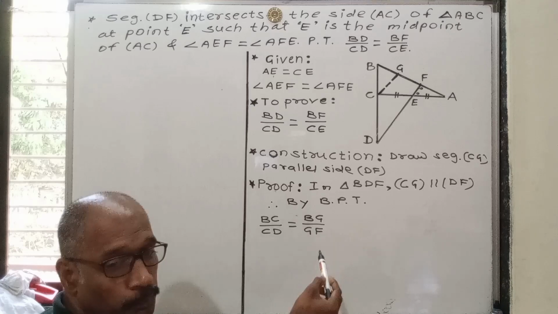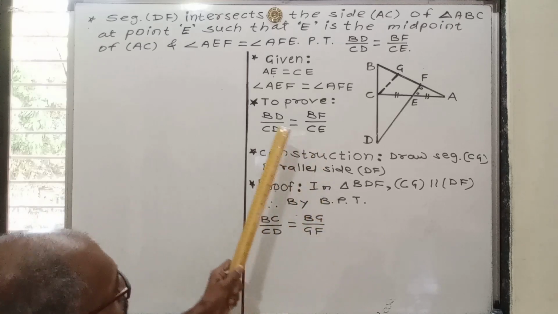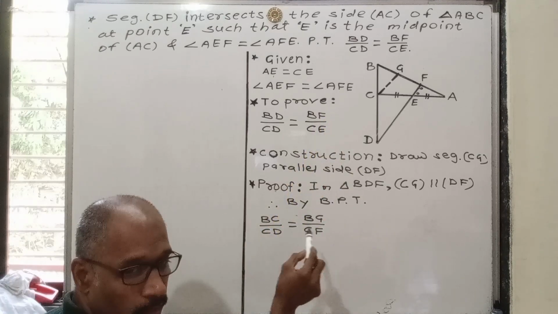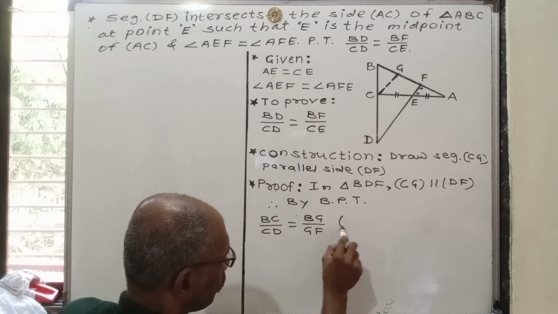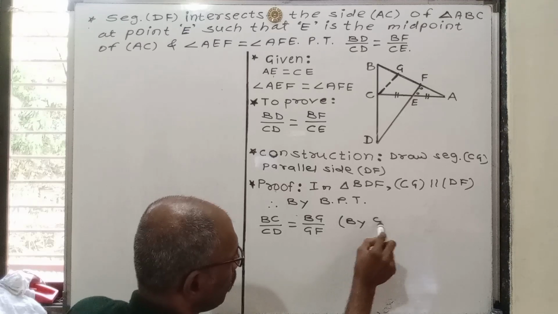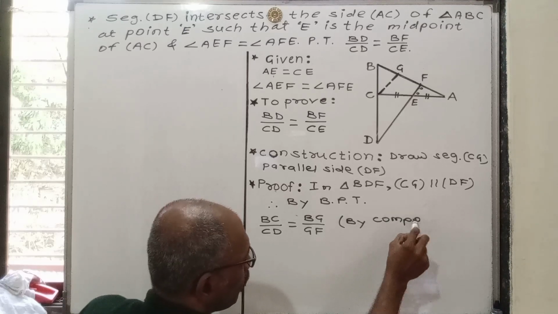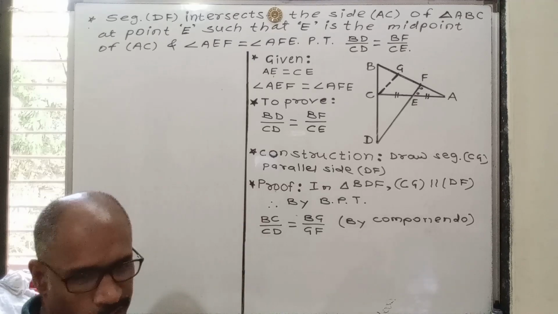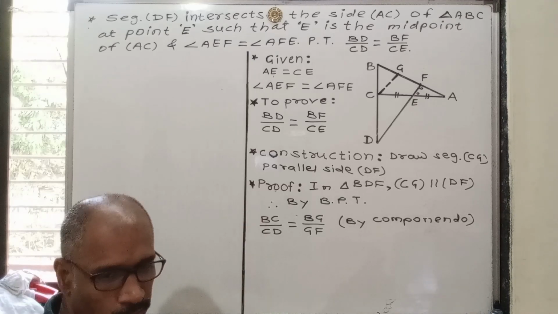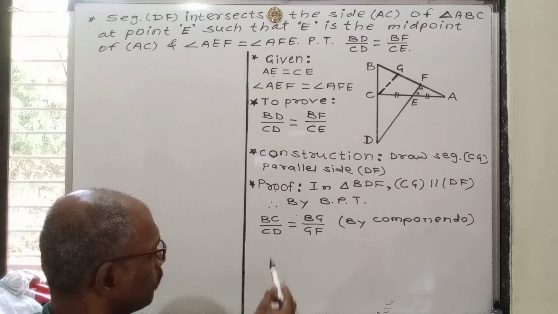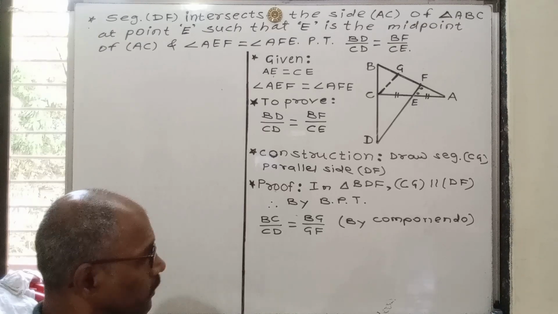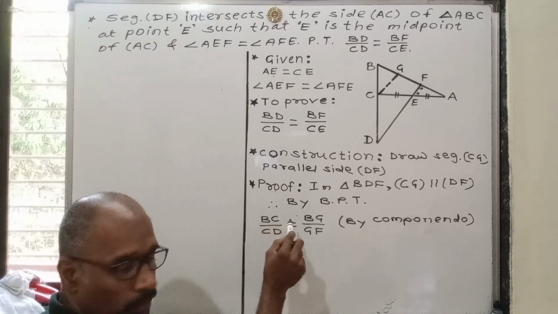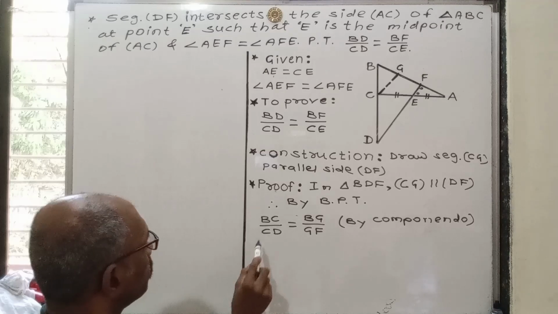Now by componendo we want BD here and BF here. So by componendo. You have studied this in 9th standard, ratios and proportion. Now, in componendo we add the denominator in the numerator.